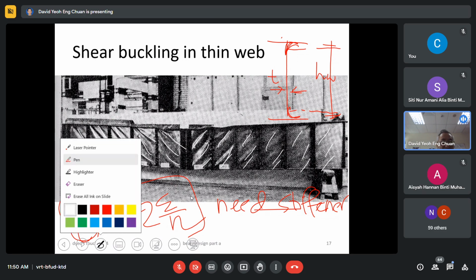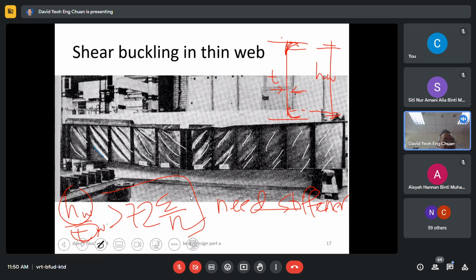What is the stiffener? The stiffener is this. That's the stiffener. So you put the stiffener here, because the I-beam is very high, very tall.